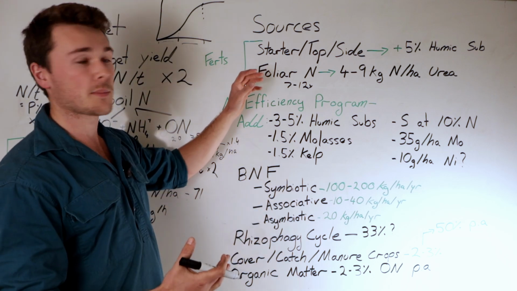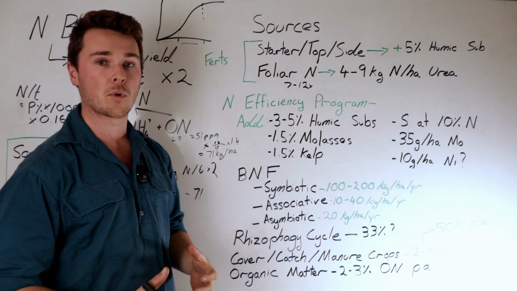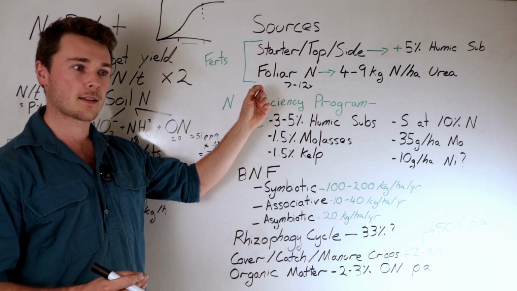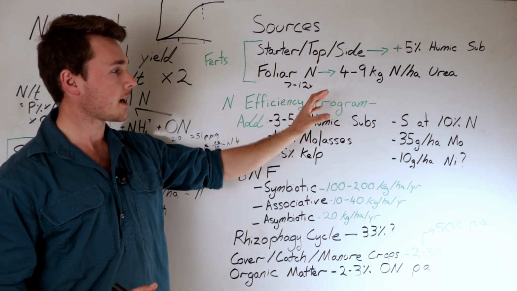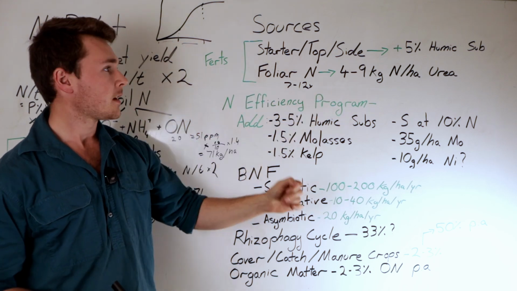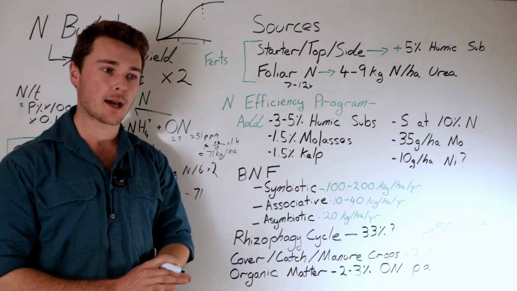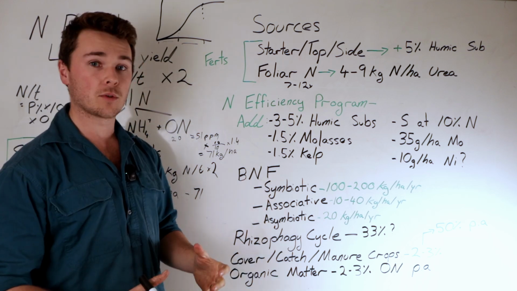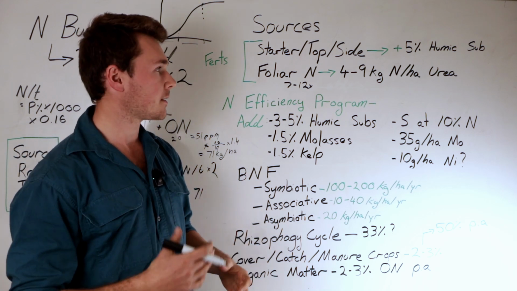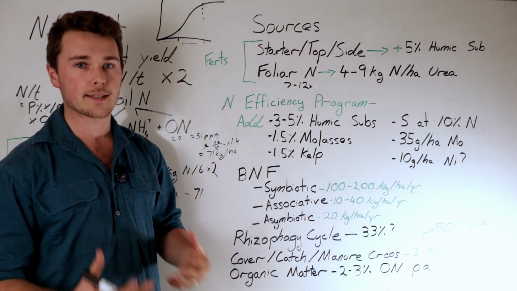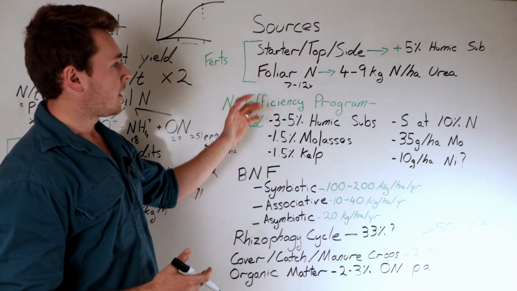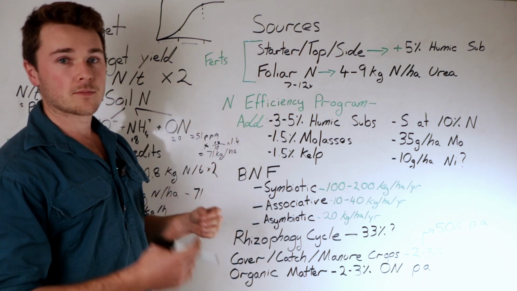But really, you can start experimenting with different applications of different forms of nitrogen. Now, the other thing with foliar nitrogen is that different chemicals don't mix together. Urea is highly basic, which means that you can't add it to acidic things. If you do, it creates a sludge at the bottom of the tank. It creates a precipitate, and that's a really big pain to clean out of your spray unit. But anyways, highly efficient, great way of doing it.